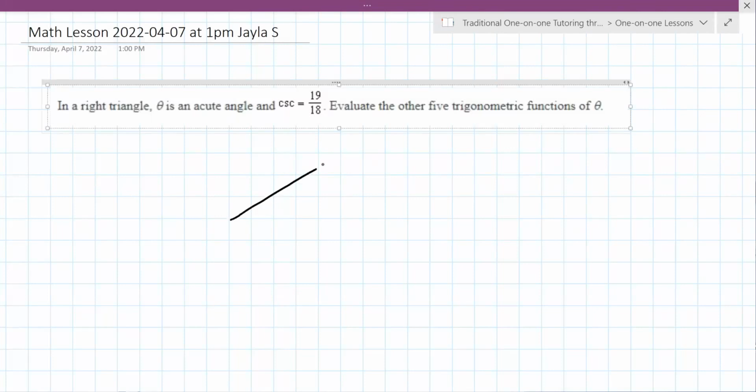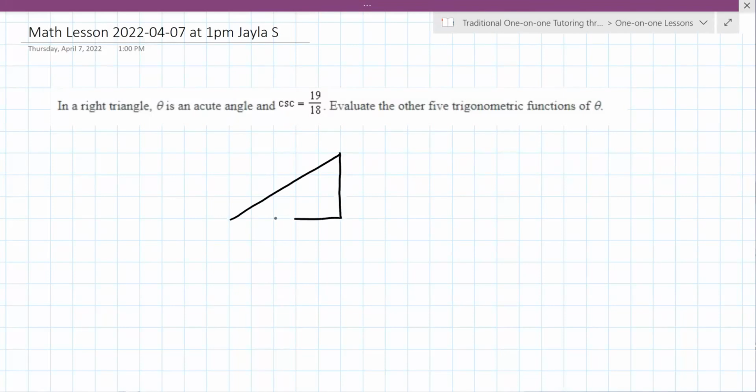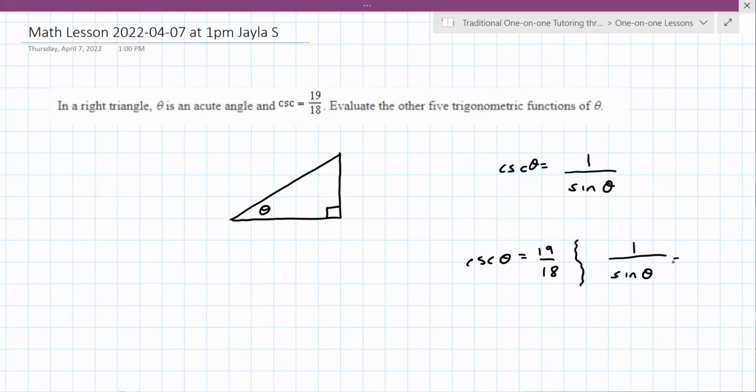Okay, so cosecant of theta is, we always draw a triangle in the first quadrant like this. And cosecant is the same as 1 over sine theta. So if cosecant theta equals 19 over 18, then you can similarly say 1 over sine theta equals 19 over 18 because they're equivalent.